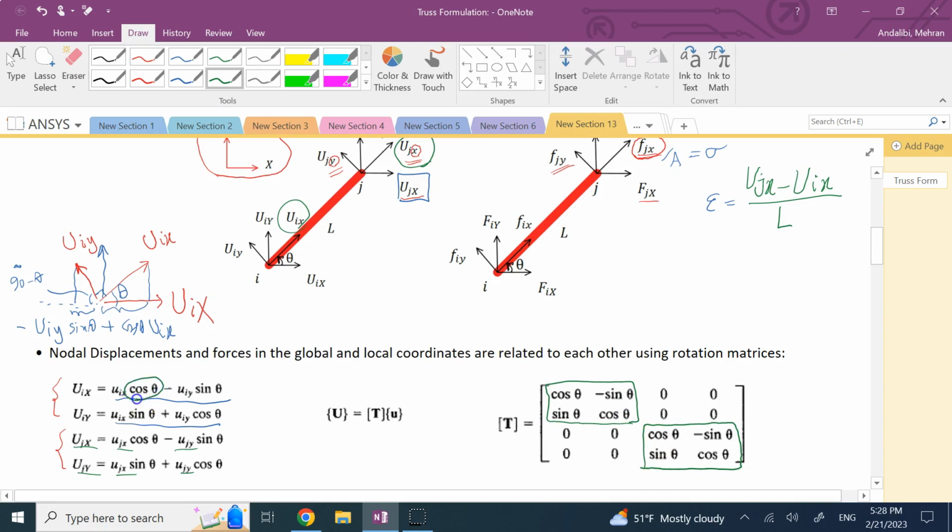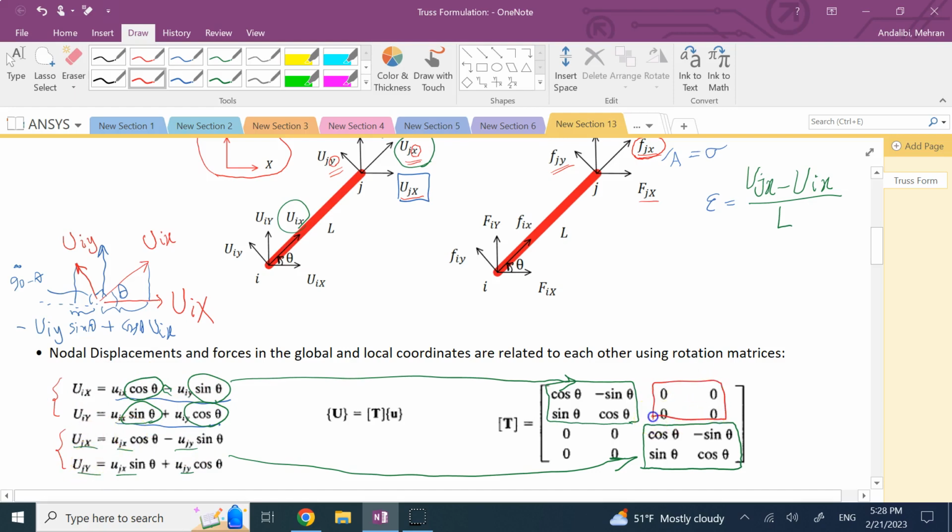You see cosine, negative sine, sine, and cosine. That's exactly what you see over here. That's for node I, and a similar thing is for node J. And since the displacements at node J have no relation to node I, and vice versa, you get these blocks of 0.